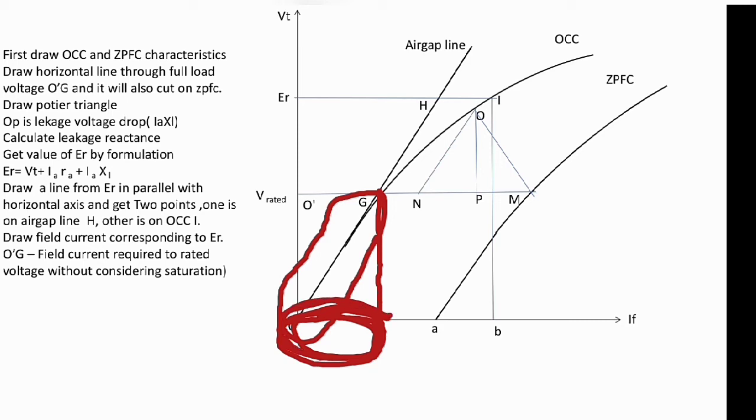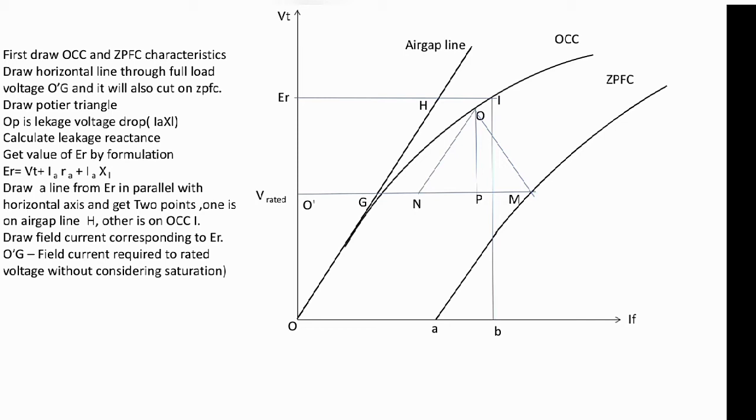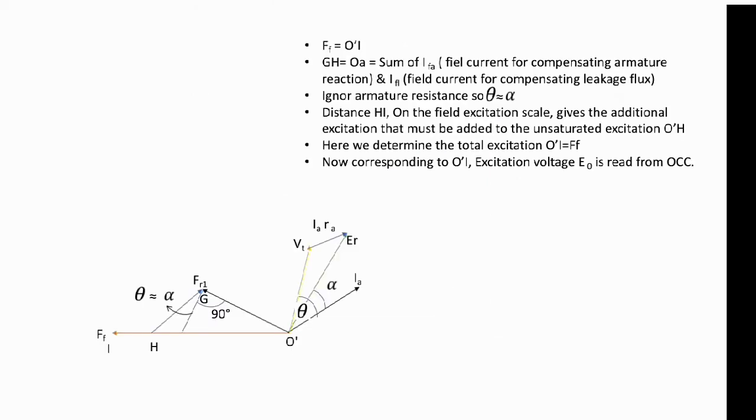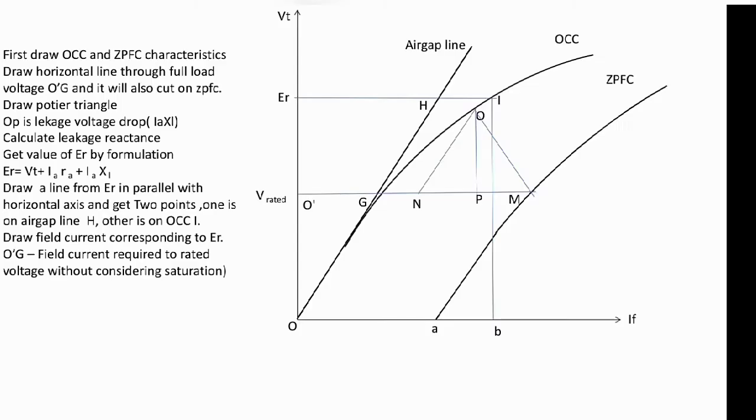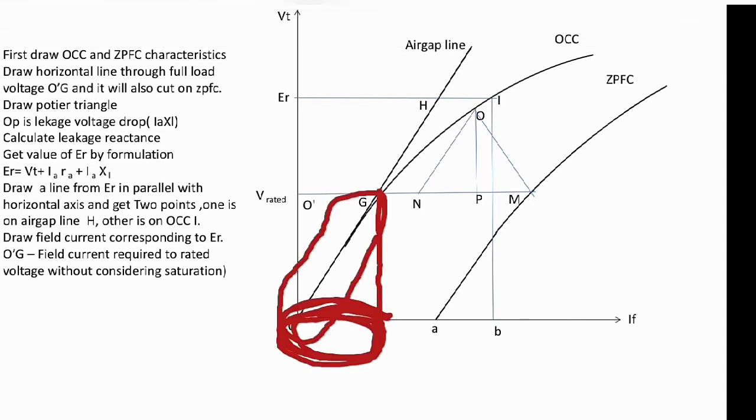So next, okay, this is the graph. This is the phasor diagram. Through the phasor diagram, we explain how we reach the first quantity, FR, that is O dash I. How do we reach O dash I?